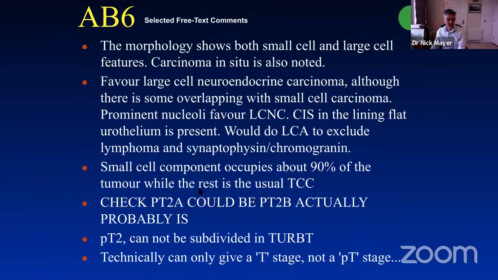A couple of people in relation to the staging, persisting in trying to substage T2 on a TURBT, and some people making the comments you shouldn't do that, and maybe in the near future we won't be giving a pT stage, we'll be giving a T stage on these specimens.